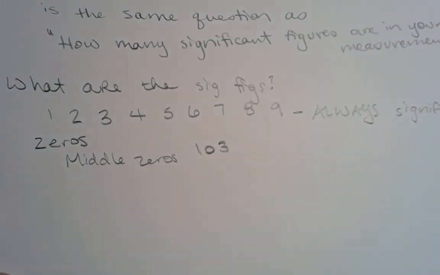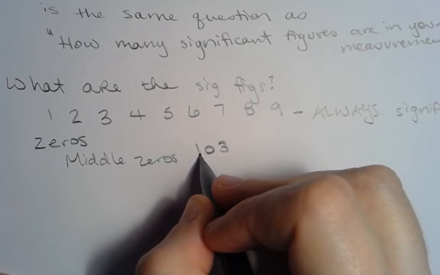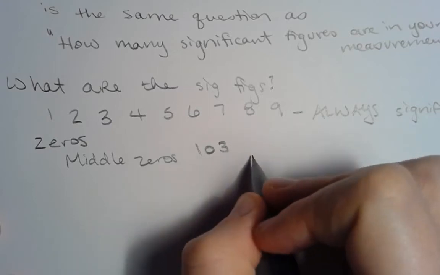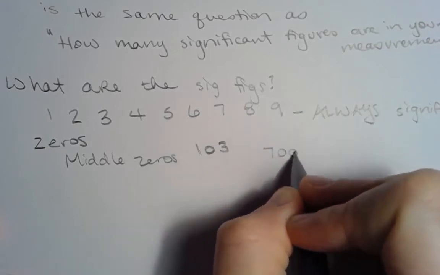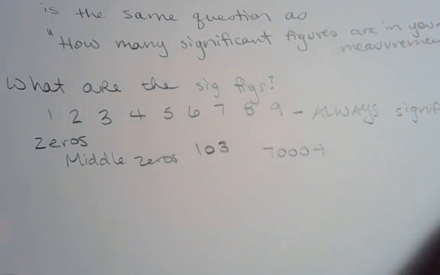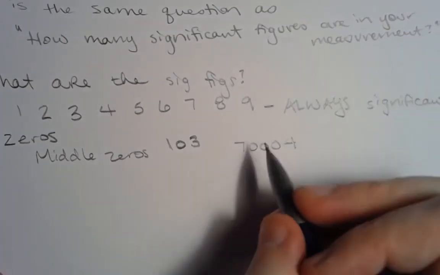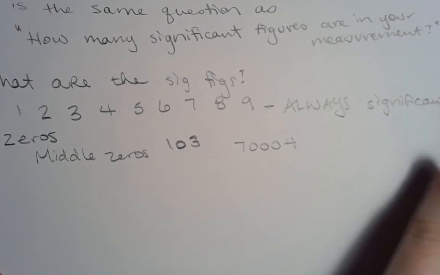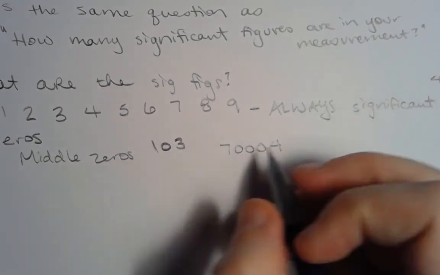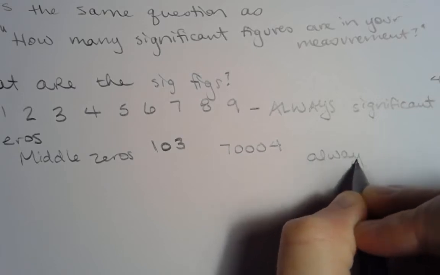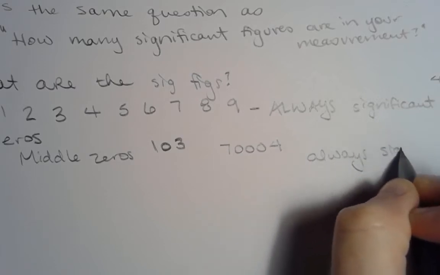The 1 we can measure, the 3 we can measure, therefore the 0 we can also measure. Zeros in the middle of a number are always significant. They are in between significant numbers. Middle zeros are also always significant.